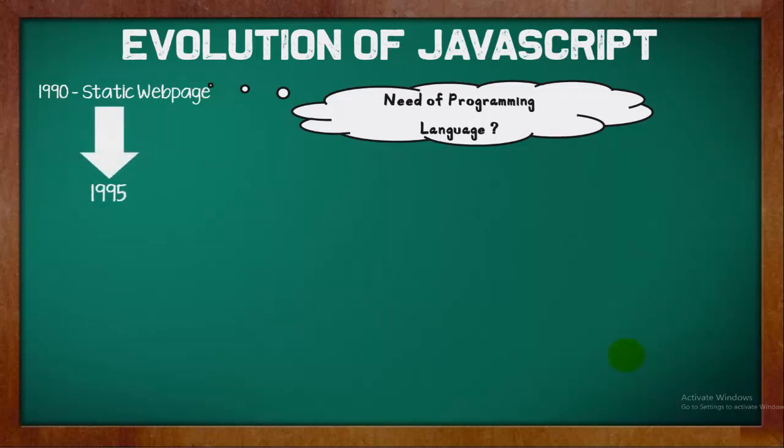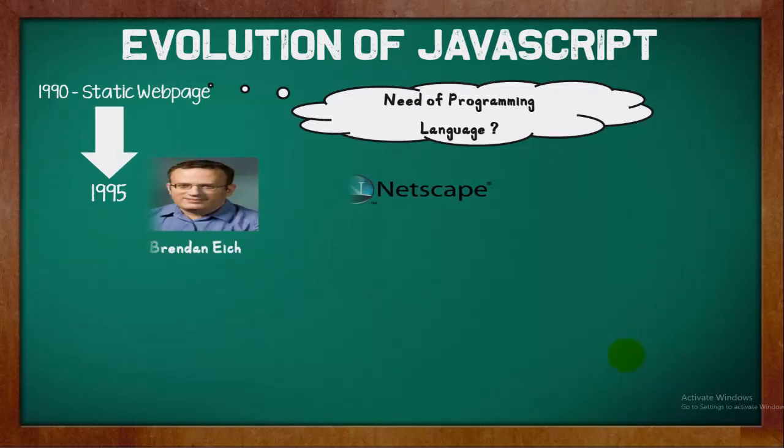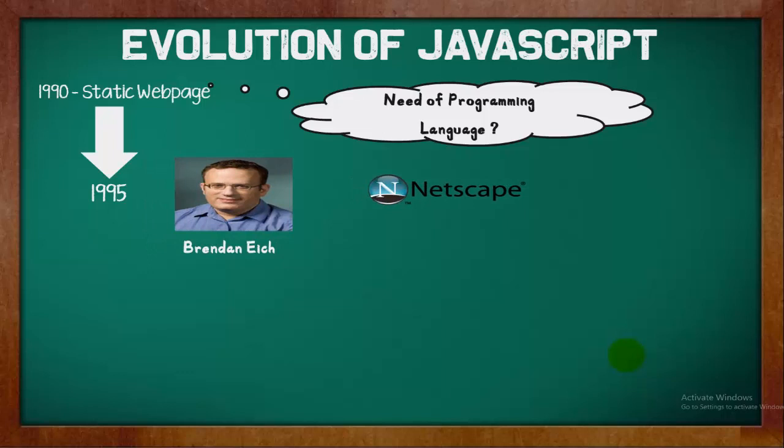Later, in 1995, when they thought that they needed some dynamism, a guy named Brendan Eich, an employee working at the Netscape company, along with his team, said, okay, we need some dynamism in the web page.